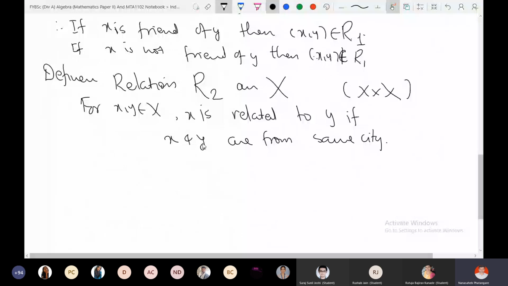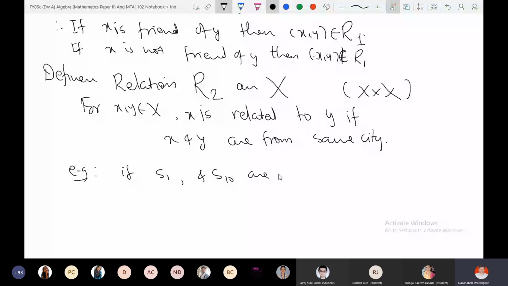For example, if S1 and S10 are from Mumbai, then I can say that S1 is related to S10. And so I can say that the pair S1 and S10 is in relation R2.